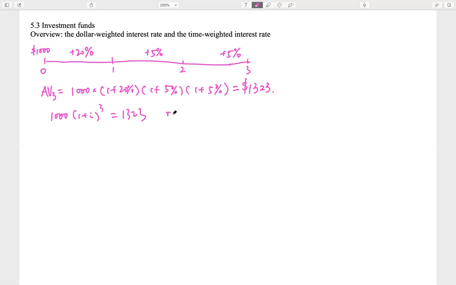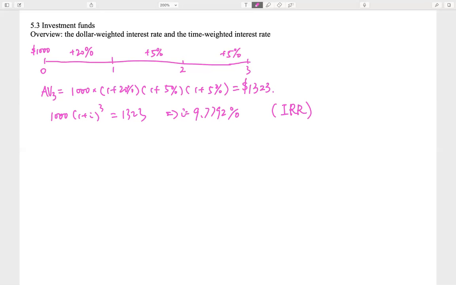So from here, we can roughly get the number to be about 9.7792%. So by the way, this is the same concept as internal rate of return, right? So this is the same interest rate we introduced previously when we studied the NPV method, right?